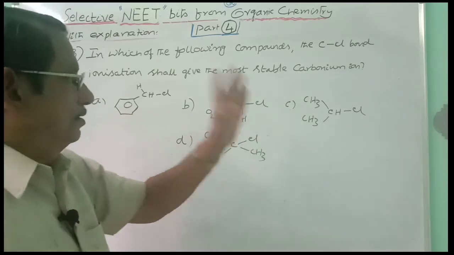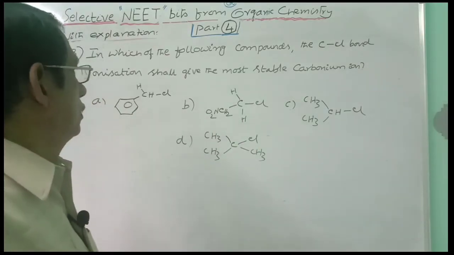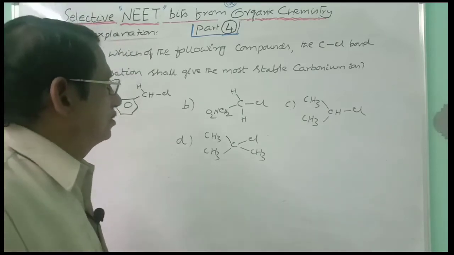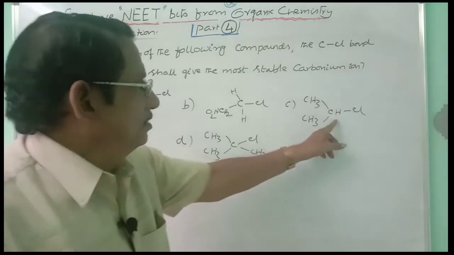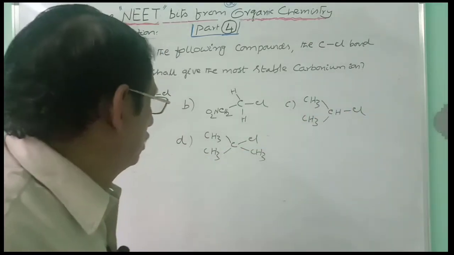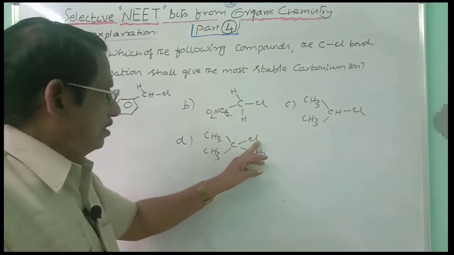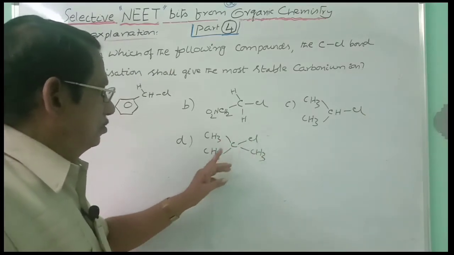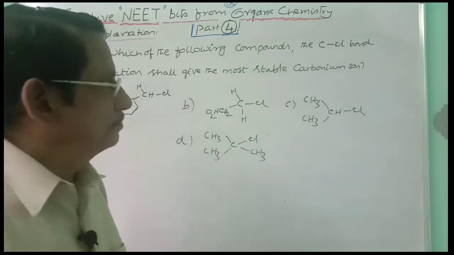All these are halogen derivatives of alkanes. Here, benzyl chloride, C6H5CH2Cl, is a primary alkyl halide. CH3CHClCH3 is a secondary alkyl halide, which is isopropyl chloride. And this is a tertiary alkyl halide, 2-chloro-2-methylpropane, tertiary butyl chloride.